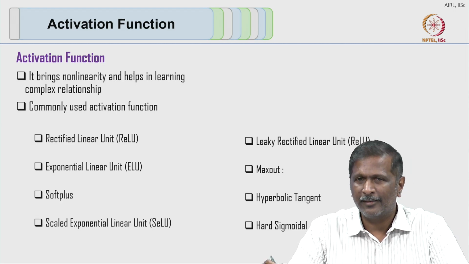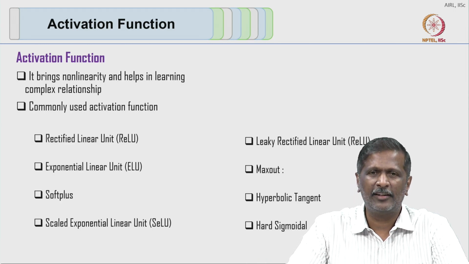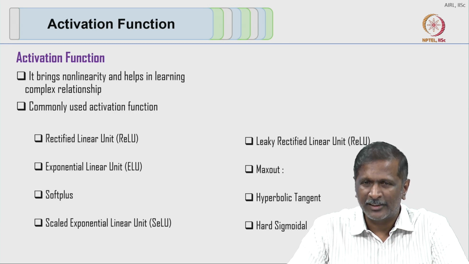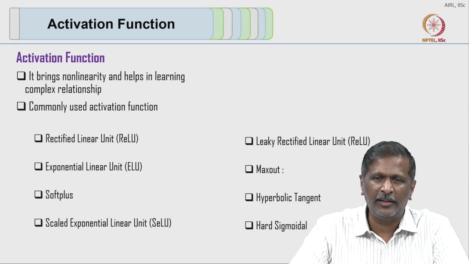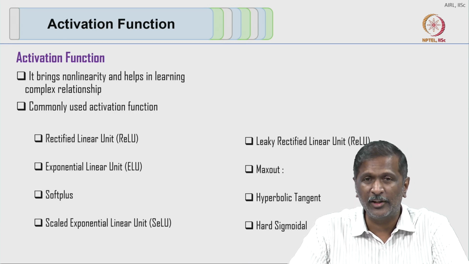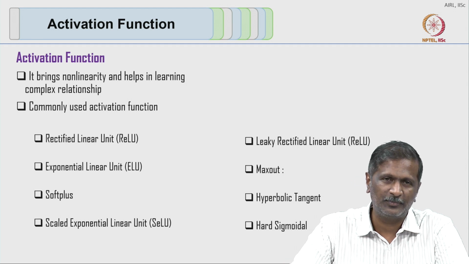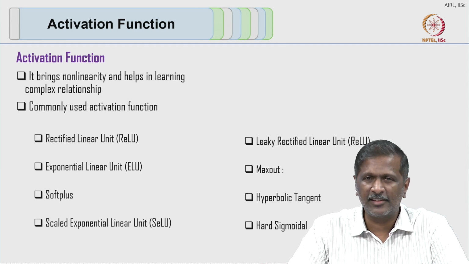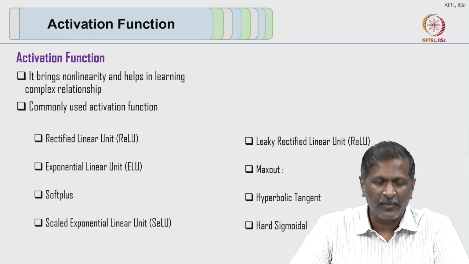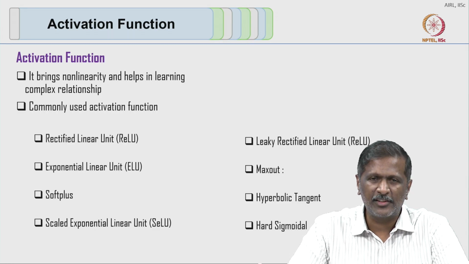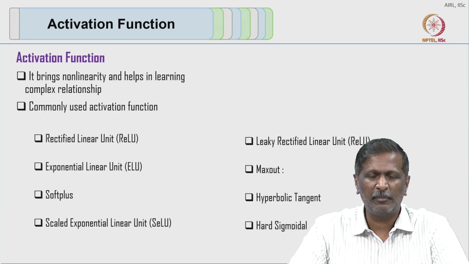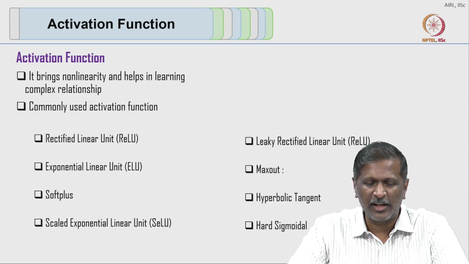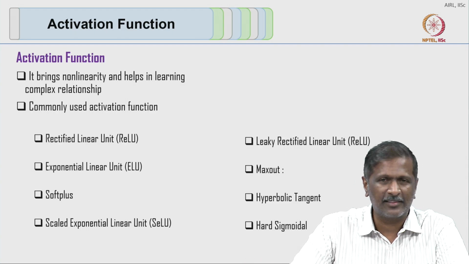Very important, like feed-forward neural networks, shallow neural networks like MLP or radial basis function, we need to have an activation function, right? Why do we need an activation function? We discussed that in the first module itself. We want these activation functions to project this information into a nonlinear space, and then using that information I want to learn the complex relationship.